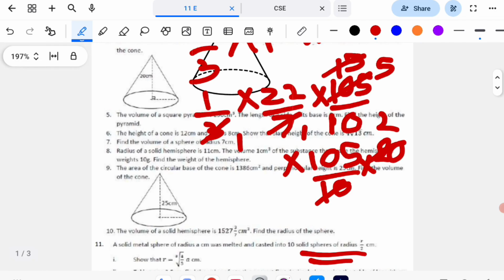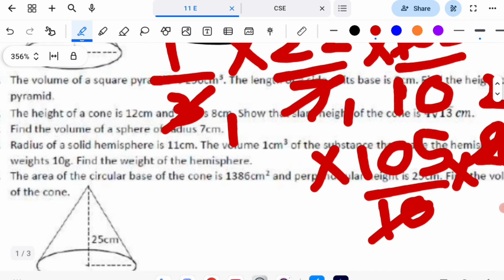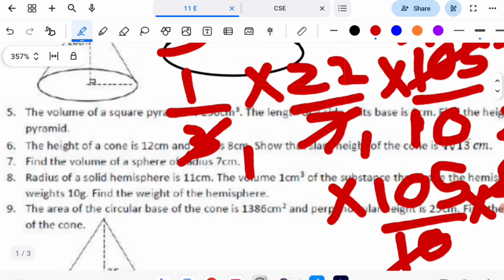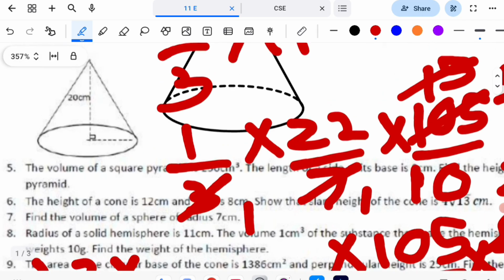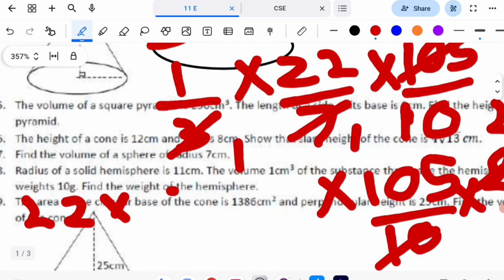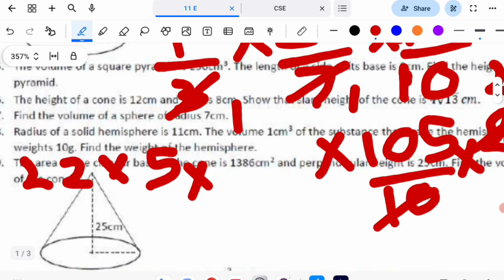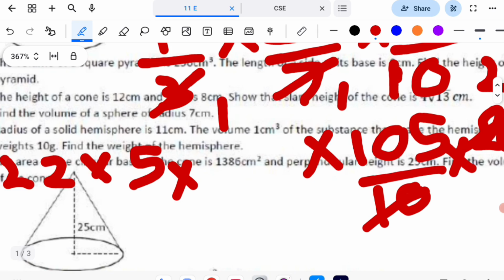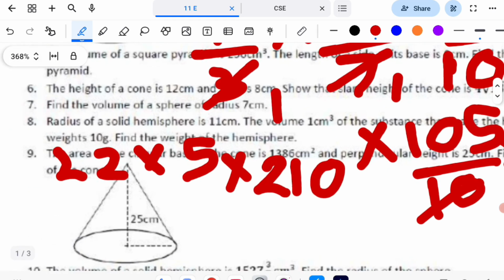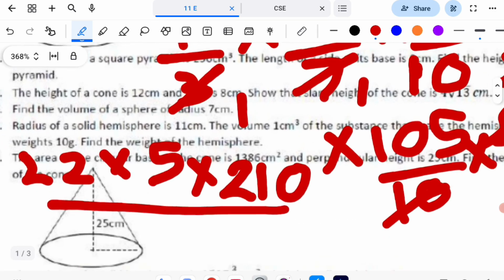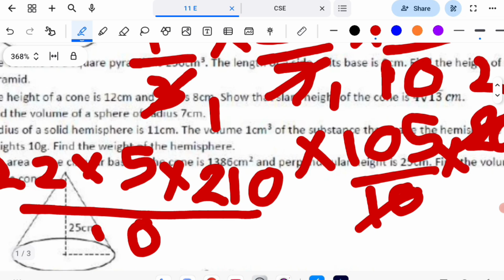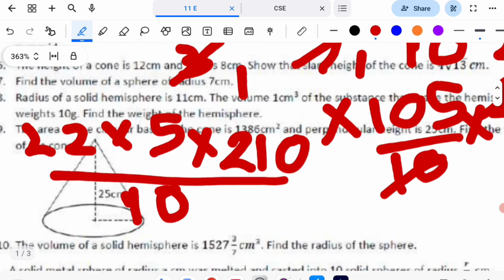Now I will write it. 22 into 5 into 105 into 2. I will write it 210, divided by 10. Then we can cancel out the 0.